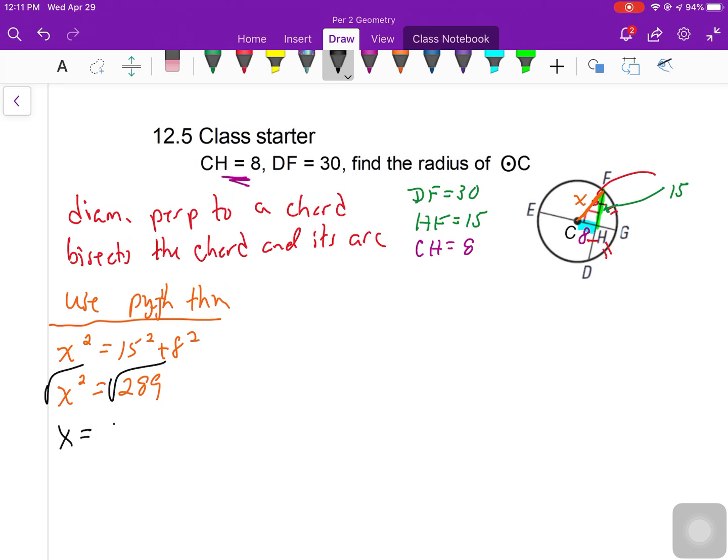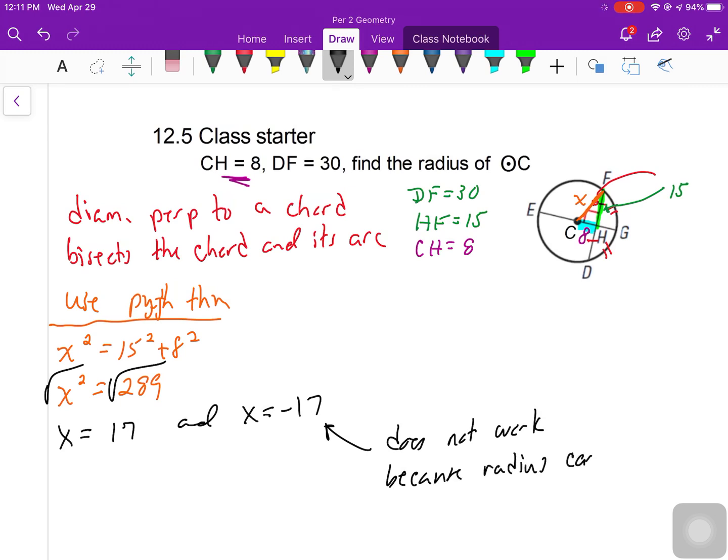Drawing on our algebra, we know that we solve this using square roots, and we actually come up with two possible answers, x equals 17 and x equals negative 17. However, this one does not apply in this problem because a radius cannot be negative.